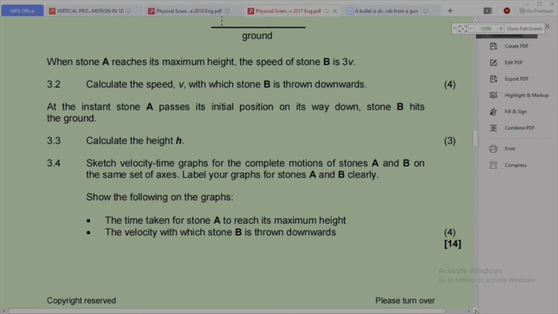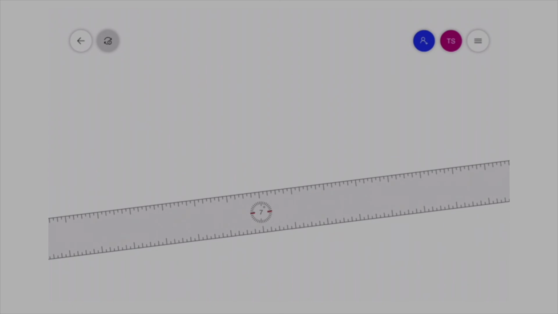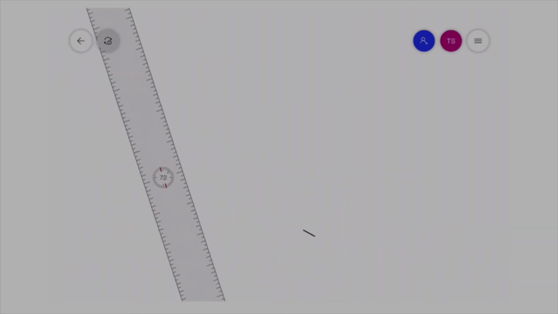So let's quickly plot our graph. Let me start by this.